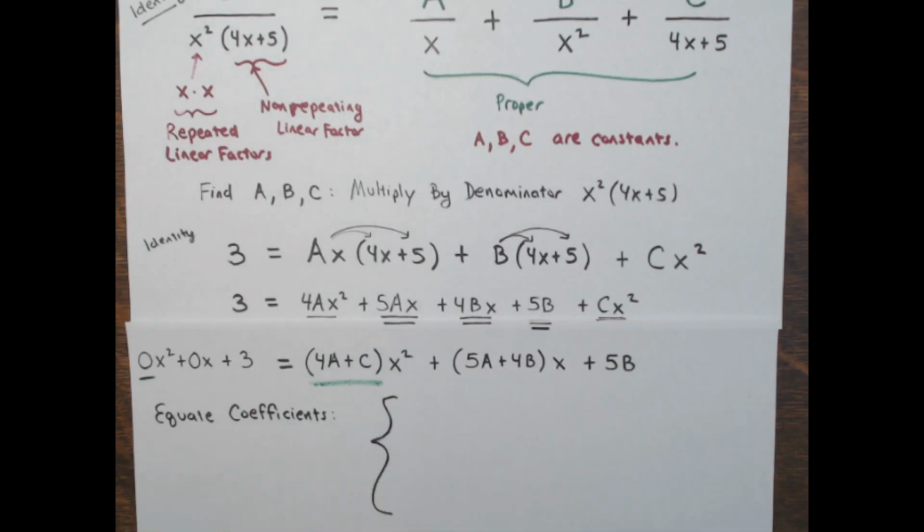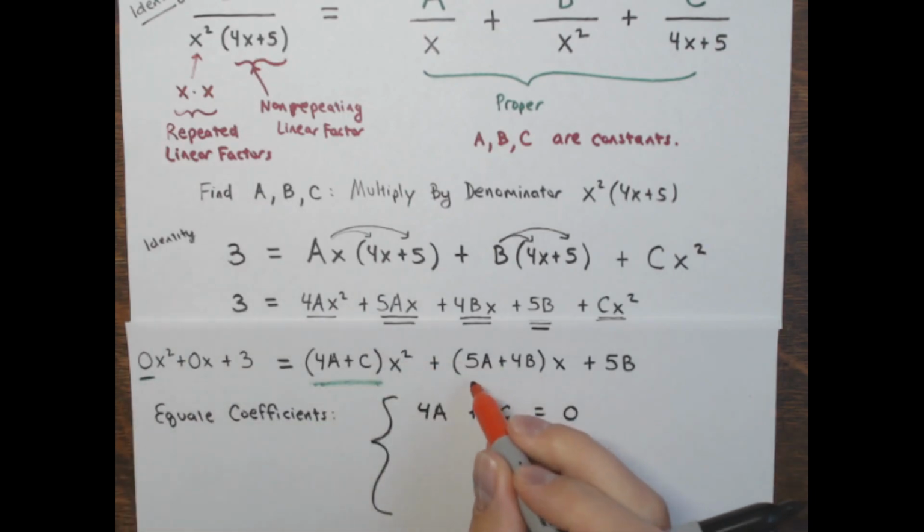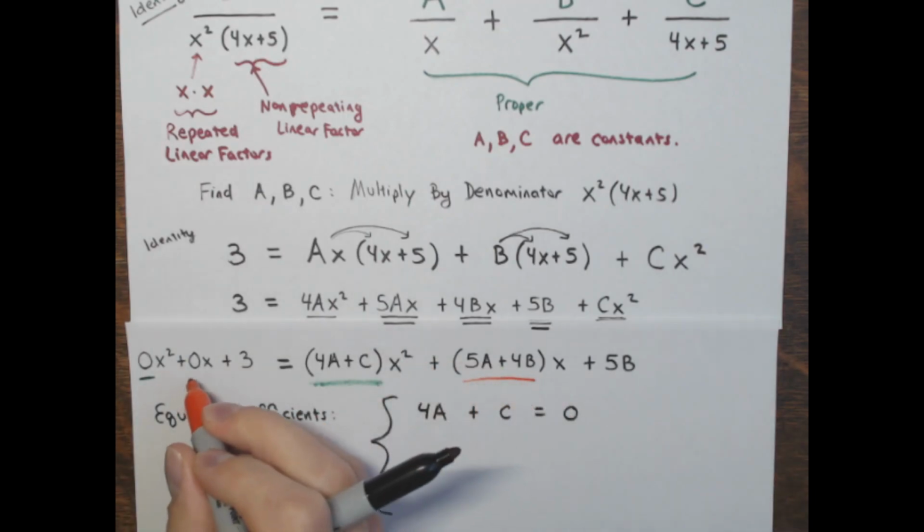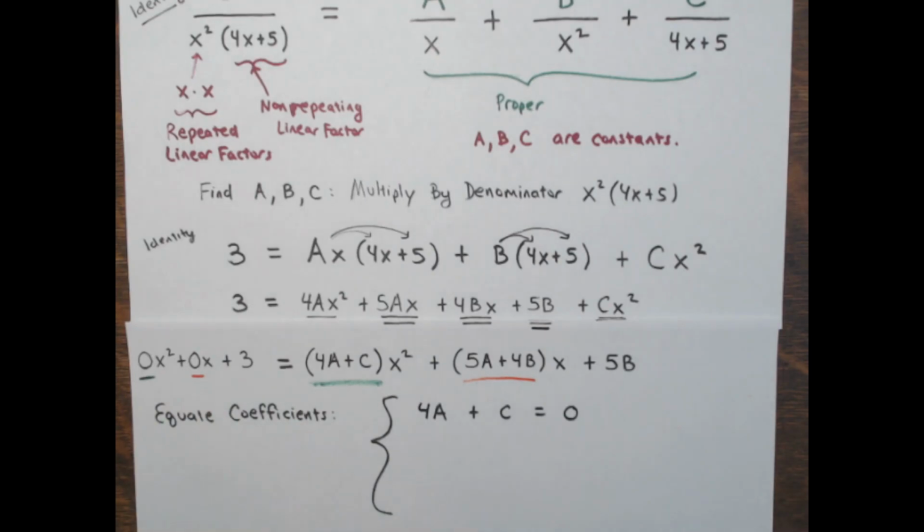We're going to have a system of 3 equations with these 3 unknowns, a, b, and c. So we've got 4a plus c, that must be 0. And then the coefficients of x need to be the same as well for this to be an identity. So 5a plus 4b must also be 0.